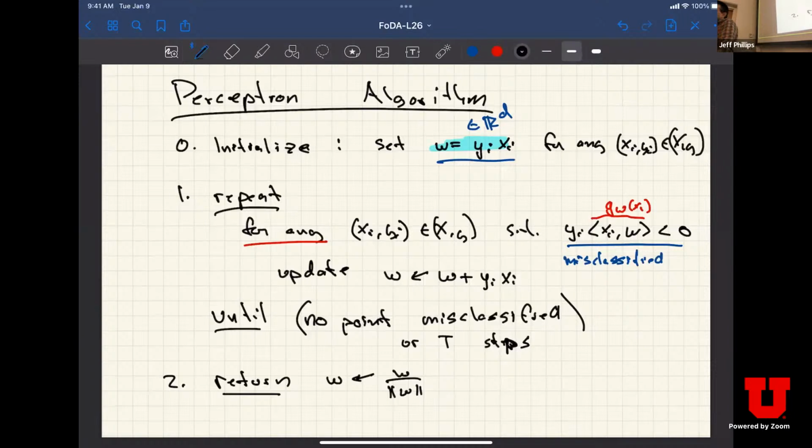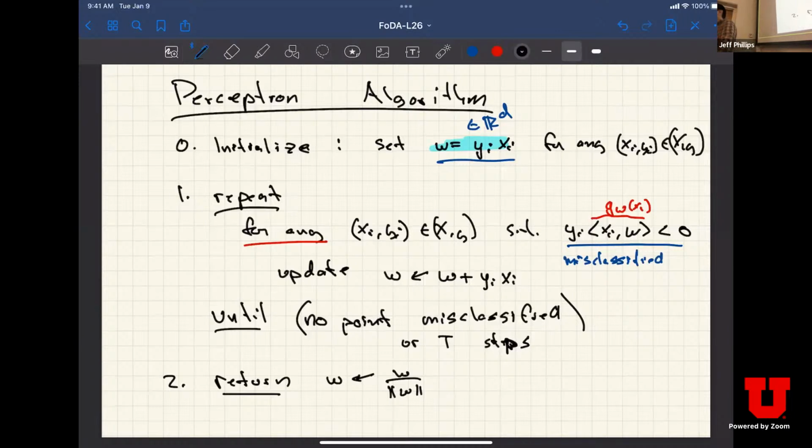I would probably run the perceptron algorithm, and if there's one point that keeps getting called over and over again, you might say, let's remove that point and rerun the algorithm.